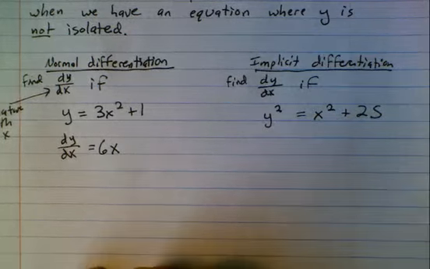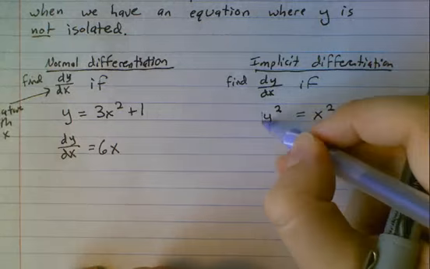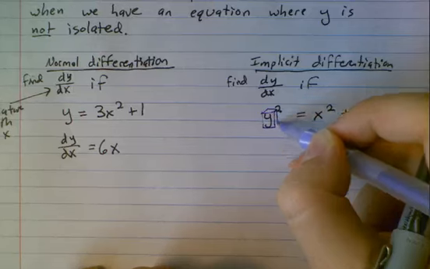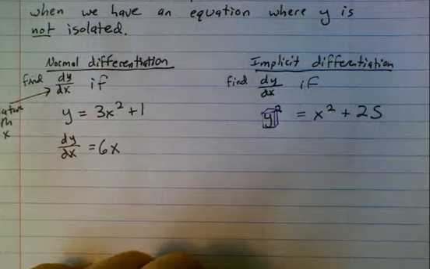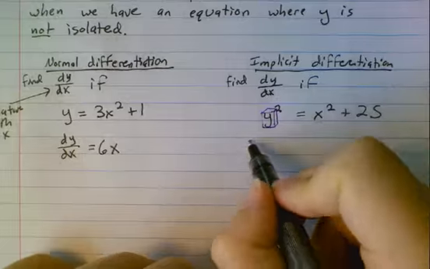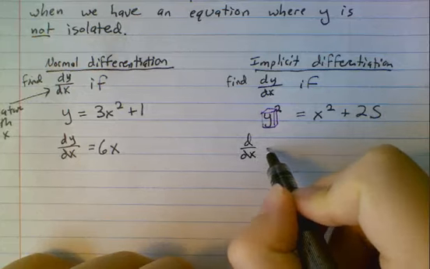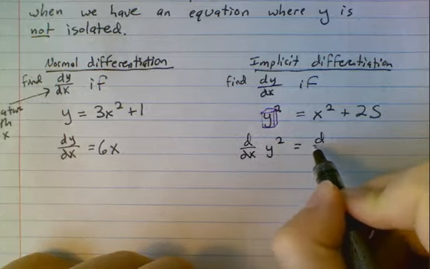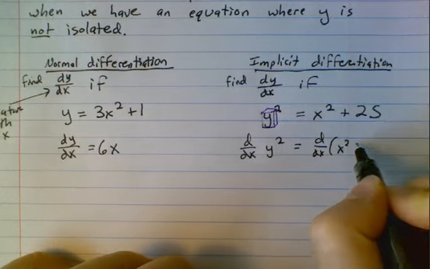And if we ever have a y, that's an automatic box function. So we're going to do the derivative of y squared equals the derivative of x squared plus 25.